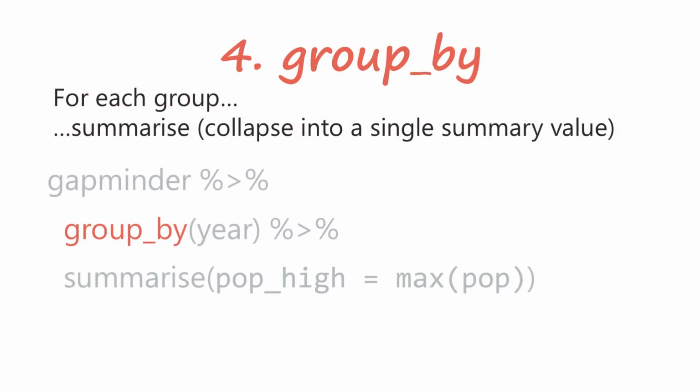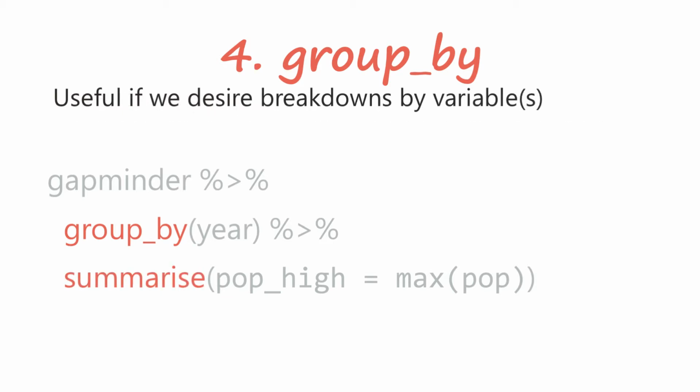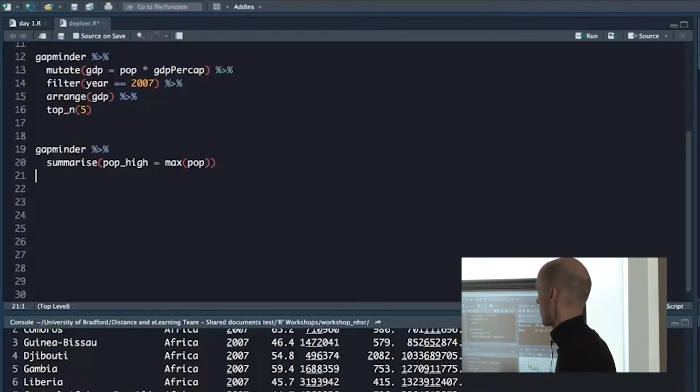This is where GroupBy comes in. So GroupBy is the 4th verb. I've labelled them in reverse order because GroupBy always comes before summarize. So GroupBy then summarize is a very, very frequent pattern in R or in dplyr. What we want here is to summarize by year.